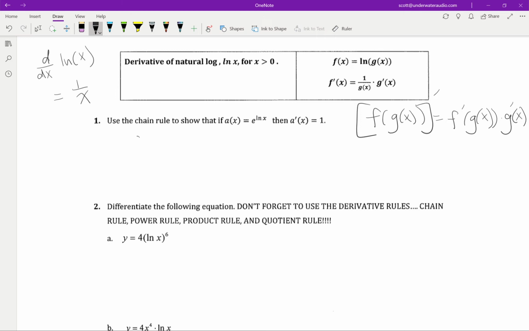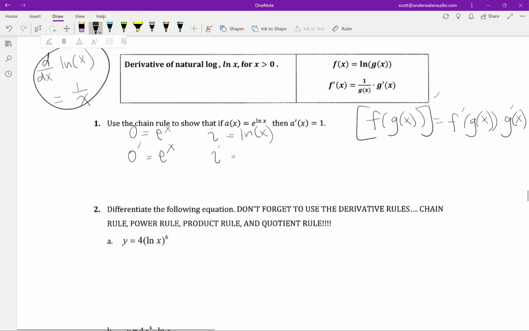So I have an outside function, which is e to the x, and my inside function is natural log of x. The derivative of the outside is just e to the x because it's the identity. The derivative of the inside, like we talked about, is just 1 over x.